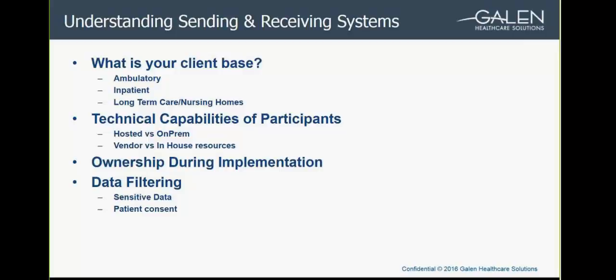Or can we enter it with specific security settings? It's all different per state. Also around data filtering, patient consent, we all know the terms opt-in, opt-out. Where is that occurring? Is the HIE still receiving opt-out patients, and do we need to filter them out? Or is the sending system not even including them in the demographic feeds?